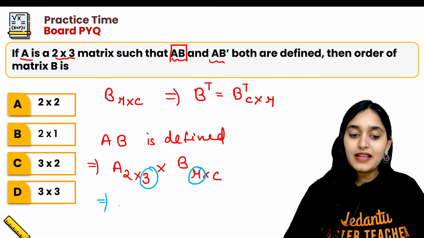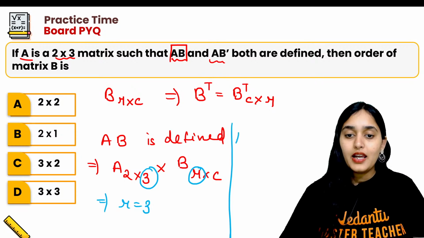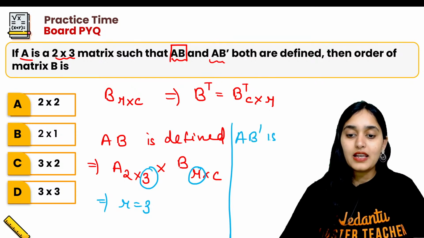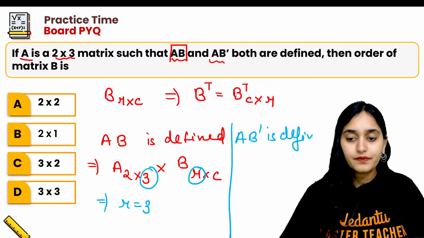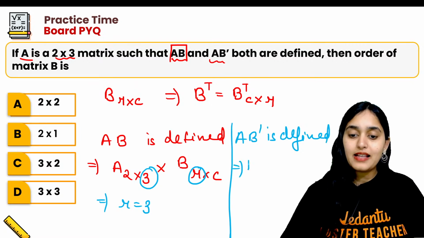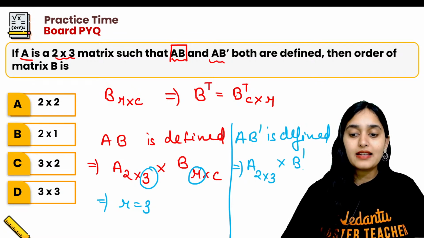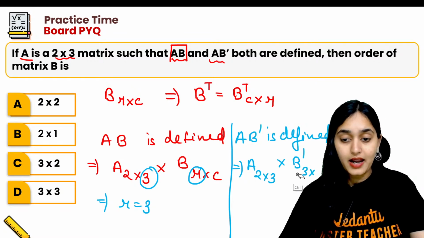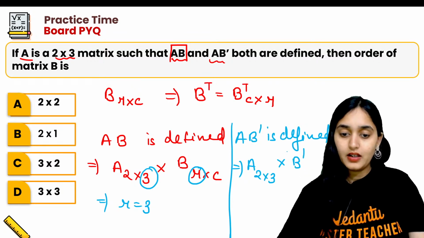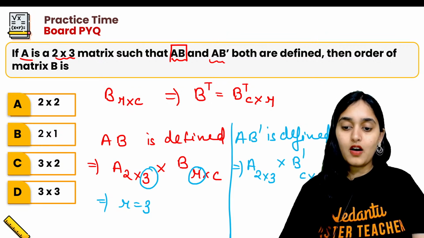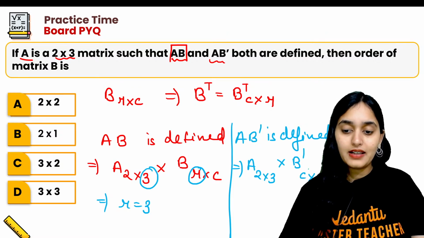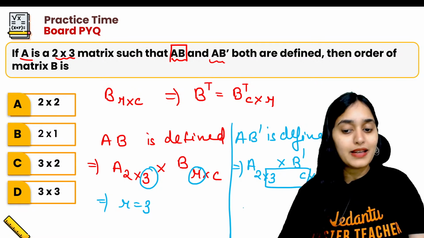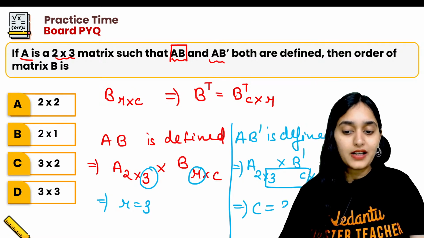So this implies that R is equal to 3. Similarly, A into B dash is defined. This implies that if A is a 2 cross 3 matrix and B dash is a C cross R matrix, then C and 3 should be same. C should be equal to 3.